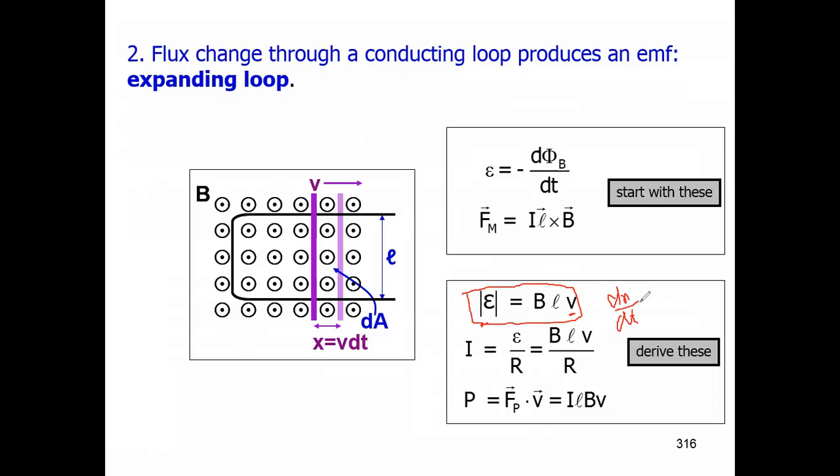If x is the displacement, then dx upon dt, as we have studied in plus 2 level physics, is the velocity V. Because x is varying with respect to time, dx upon dt will be the velocity. So that is why this is known as motional EMF. Motional means when the conductor is in motion.